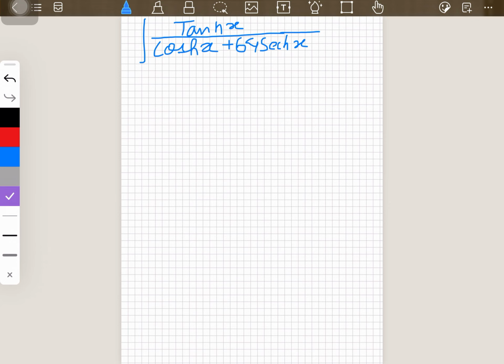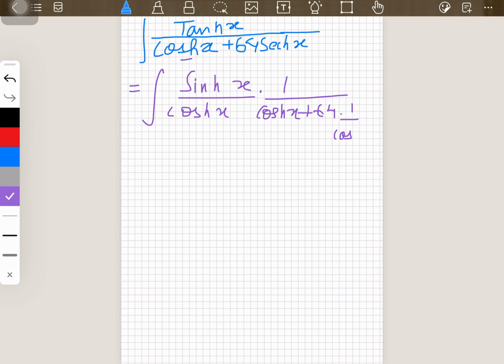So let's change tan in the form of cos and sine and sec in the form of cos. So, tan can be written as sinh x over cosh x times 1 over whatever we have here in the denominator, cosh x does not need to be changed, and then plus, of course, 64 times sech x is 1 over cosh x, and of course the dx.